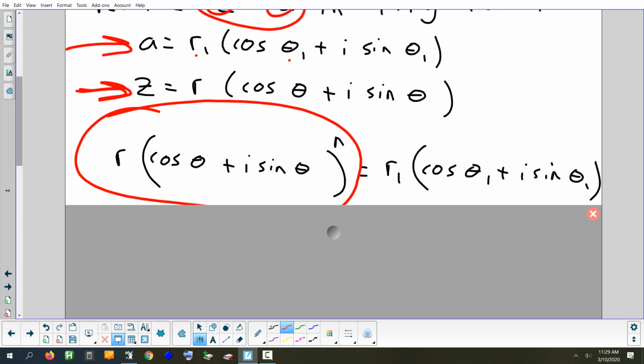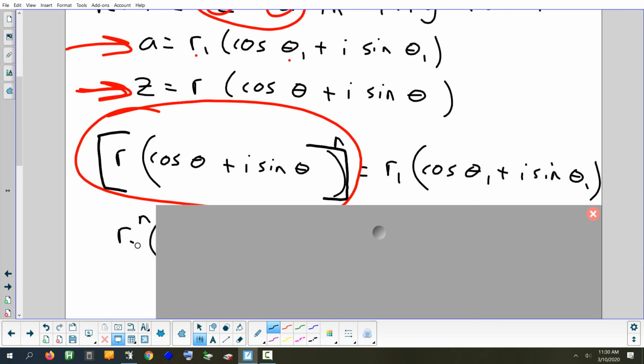What I should do is write it like this, technically. So when you use DeMoivre's theorem, how do you get your radius? What do you do with your radius and the power that they give you? Yep, you raise the radius to the power.